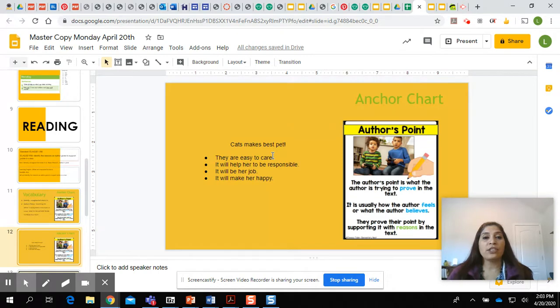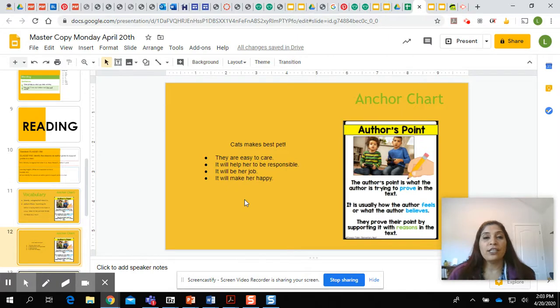And the reasons that she gave me were that they're easy to care for, and it will make her be responsible. It will be her job, and I don't have to do anything about it. And also, the last thing she said was, if I buy a cat for her, it'll make her happy. So apparently, she did persuade me to get a cat.